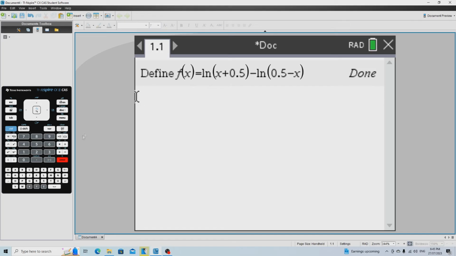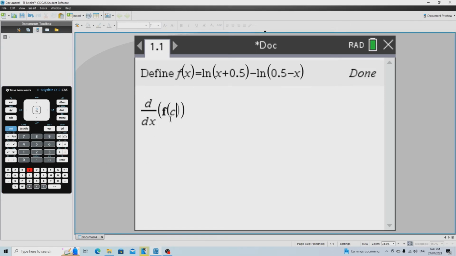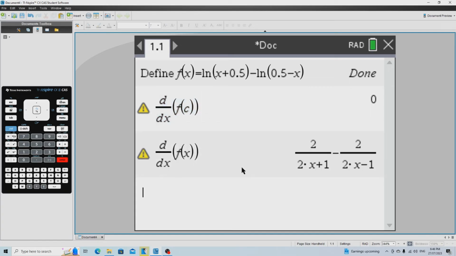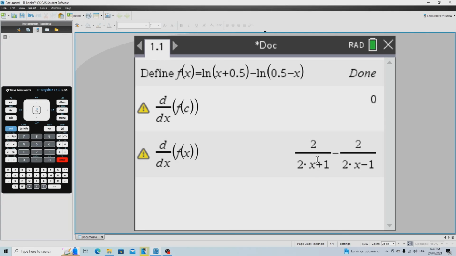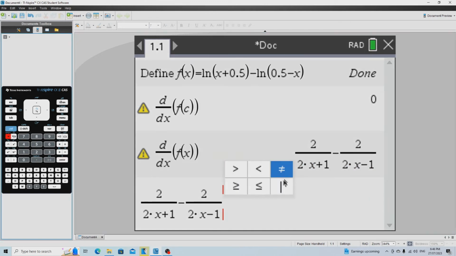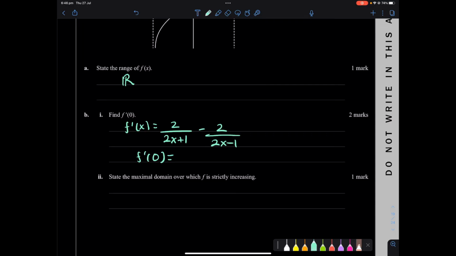Find the derivative: it's 2 over 2x plus 1 minus 2x minus 1. Therefore, f dash of 0, letting x equal 0, gives us 4.